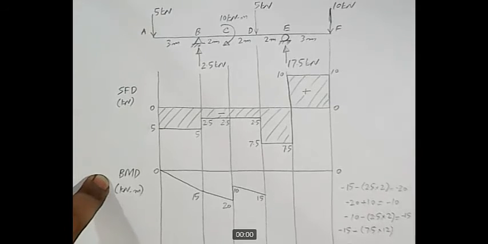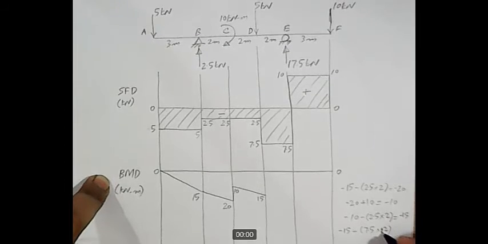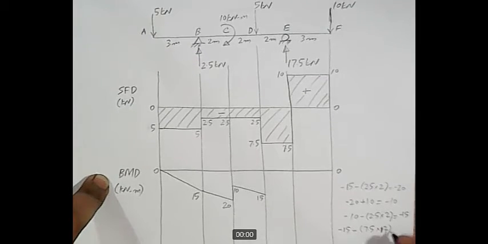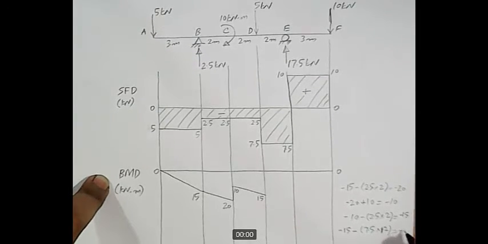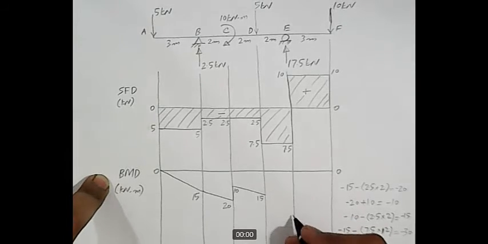So minus 15 minus 7.5 into, sorry, this is not 12, this is 2. Okay, and it gives us minus 30. So minus 30 would be somewhere over here.